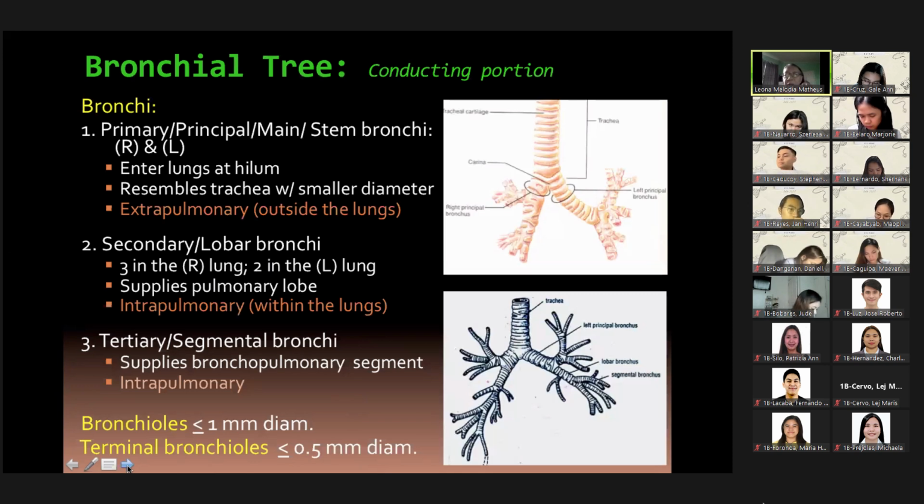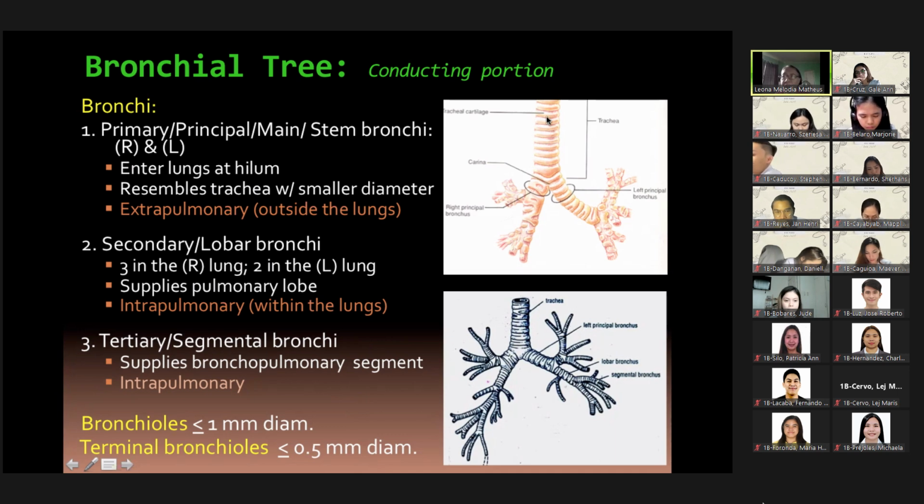Now, let's speak of what we call the bronchial tree. This is the beginning of what we call your conducting portion in the lower tract. Firstly, we have the bronchi. We have three types of bronchi.